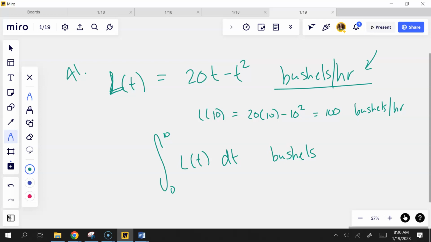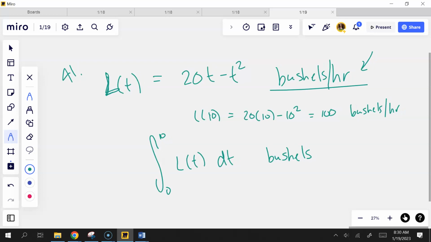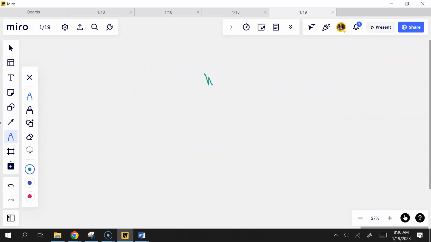Water is pumped into a tank at a rate of some number of gallons per hour between 0 and 3 hours. What's the total amount of water added between 0 and 3 hours? How would you do that? How many gallons were added between 0 and 3 hours? There's your rate.